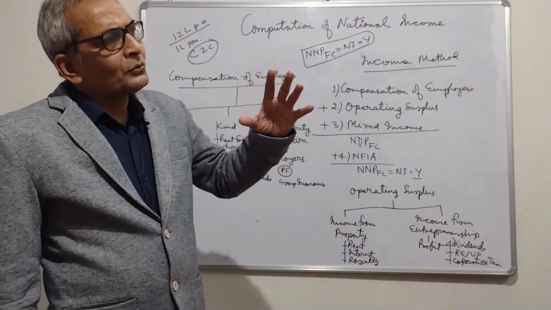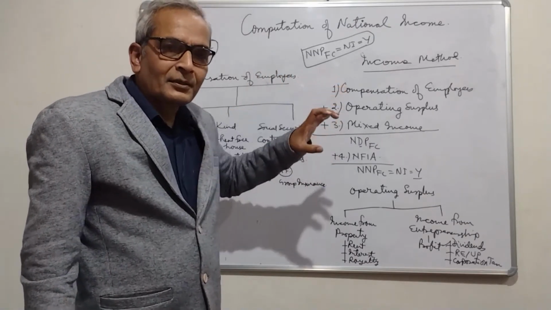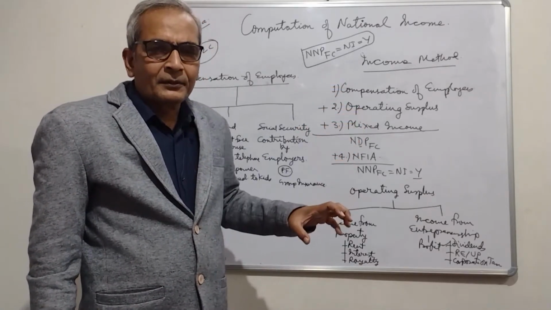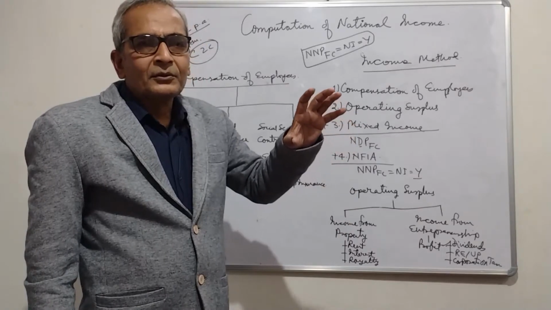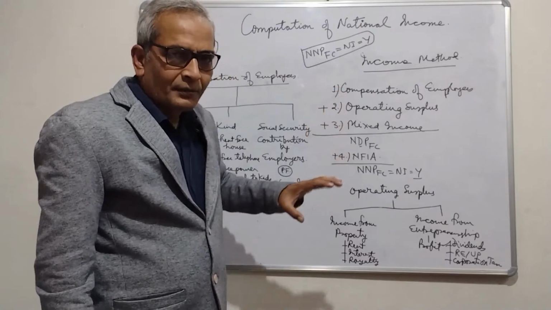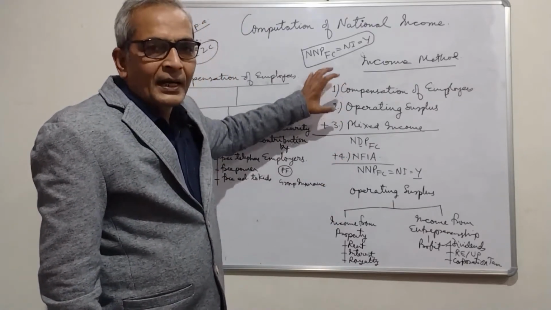You have to remember the main parts and their subparts. Whenever you approach a numerical, what you are required to do is write the formula. Once you write the formula, you look for the items.